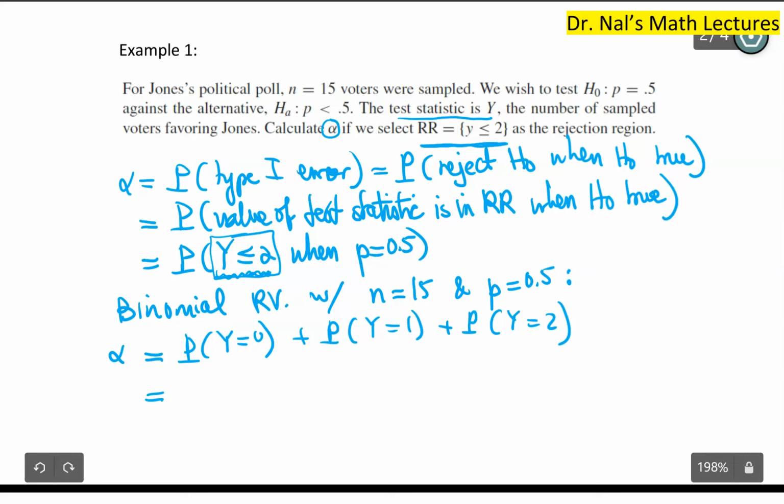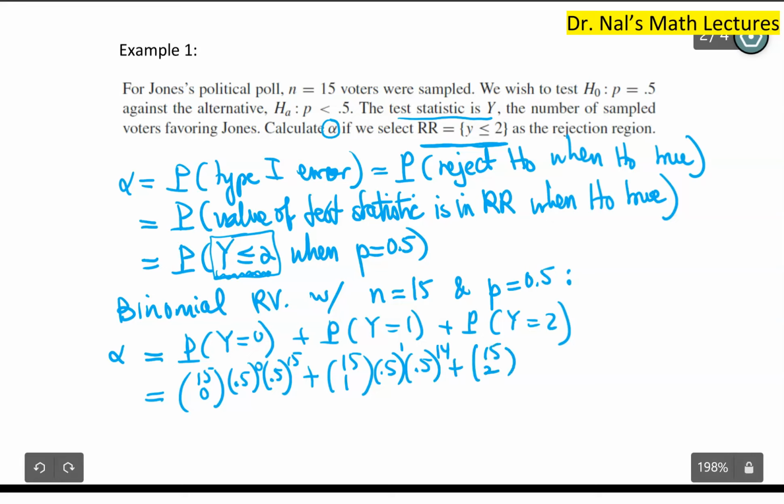So this is equal to, by the binomial distribution that we studied earlier, 15 choose 0 times 0.5 to the power 0 times 0.5 to the power 15, or 15 choose 1 times 0.5 success to the power 1, failure to the power 14, or 15 choose 2: 2 people say they favor Jones, and the rest, 13 people, say they are against him.